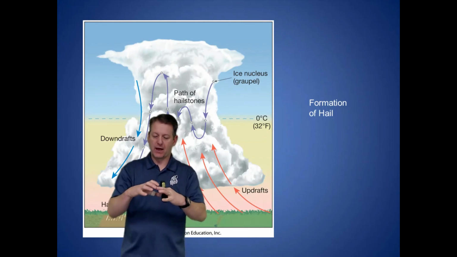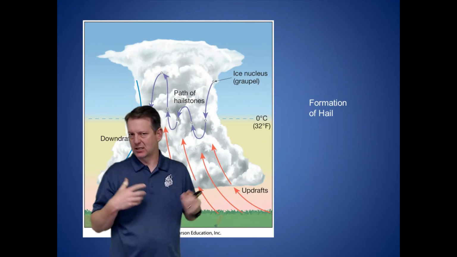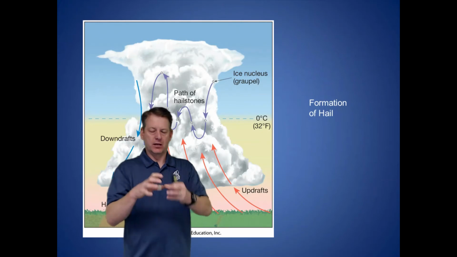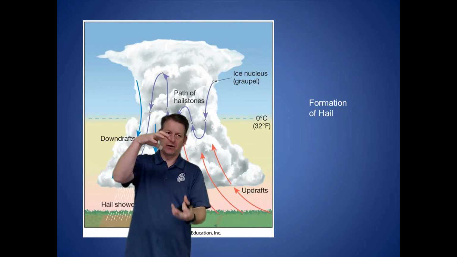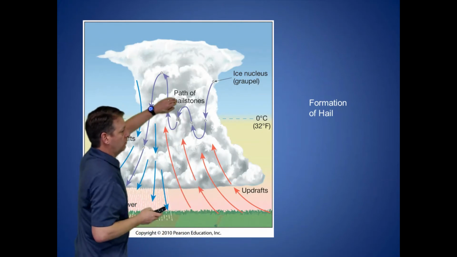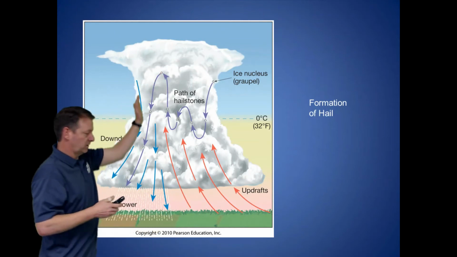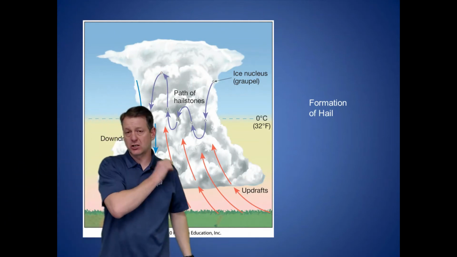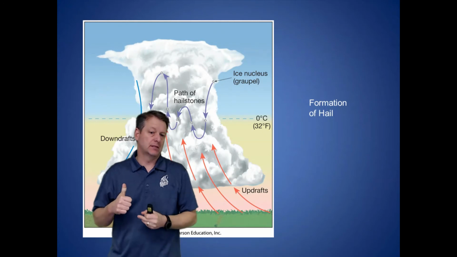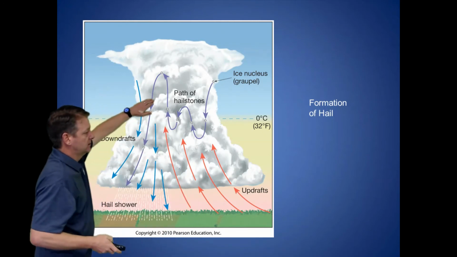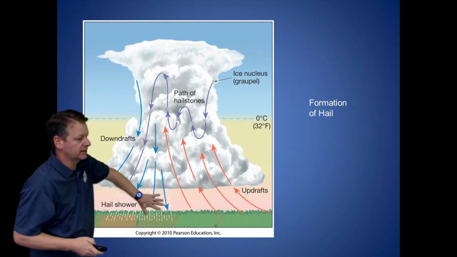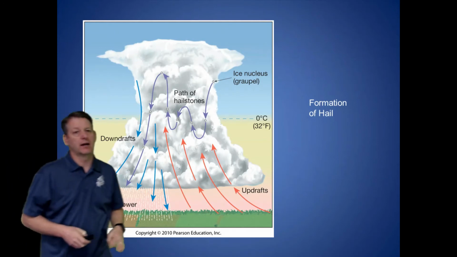It's like an everlasting gobstopper jawbreaker. It just keeps adding shells on top of it and on top of it, until it gets right up here and starts to fall, and the wind is not strong enough to push it back up in the sky again. And so it falls down through the downdraft here, and we get this section right through here where we see a lot of hail.